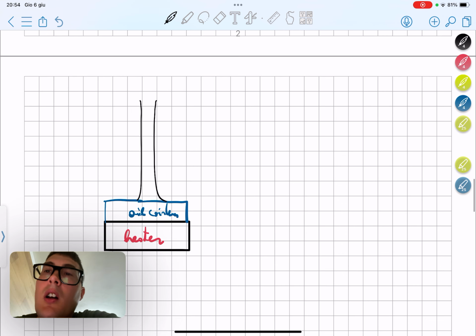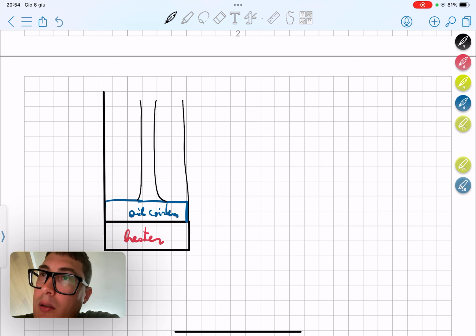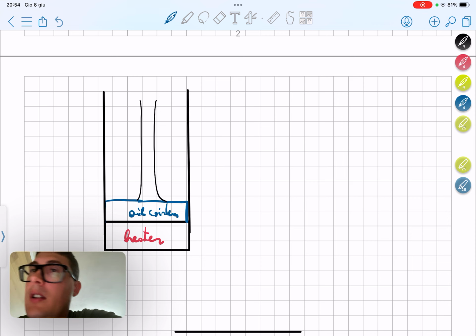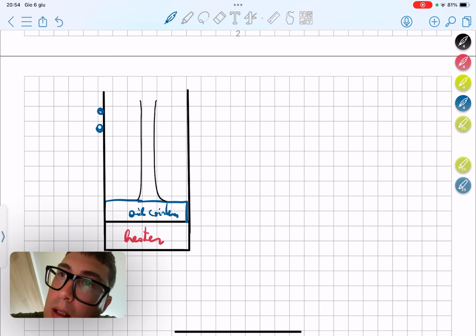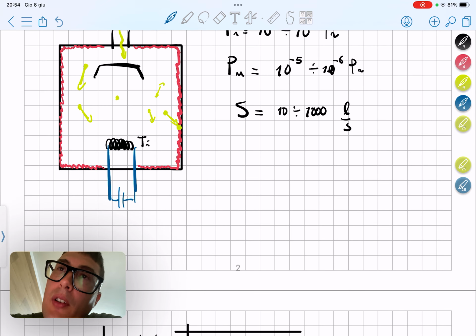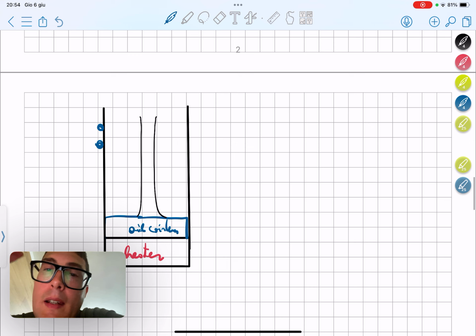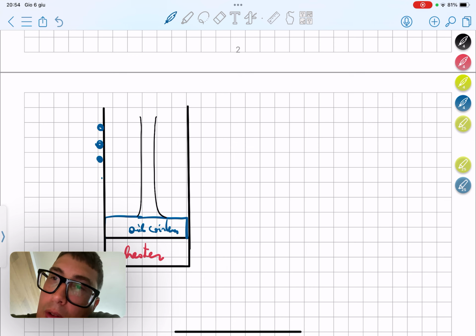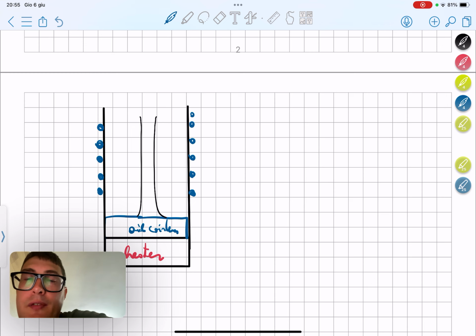All the system is inside a vessel which has a cooling. I don't remember if there is a cooling here, I need to check. But in any case, there is a cooling system which keeps the surface very cold.